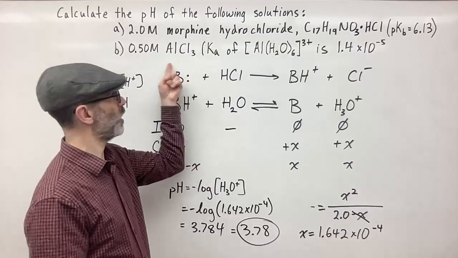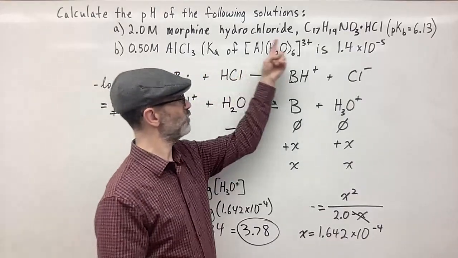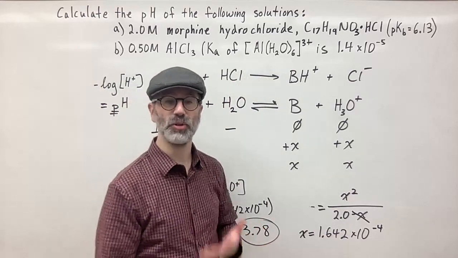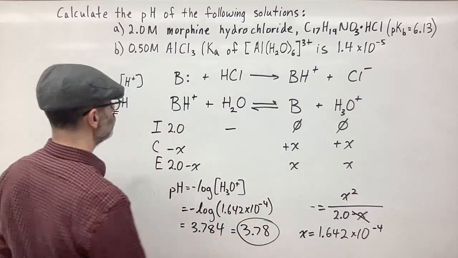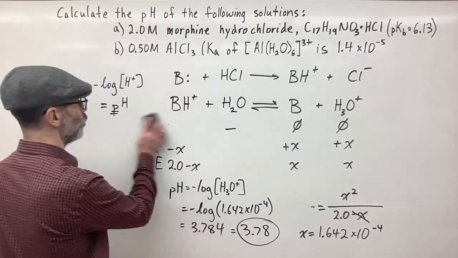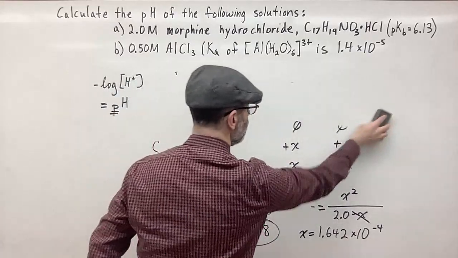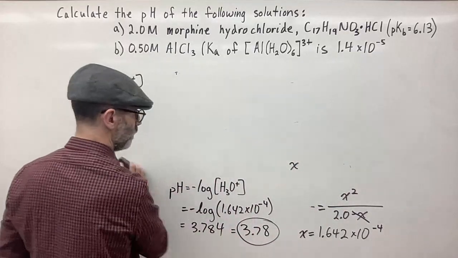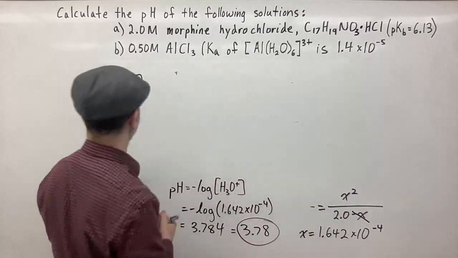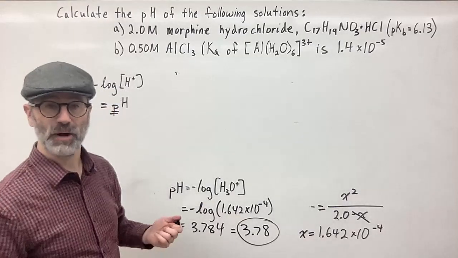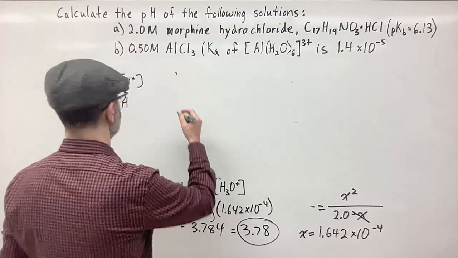So aluminum chloride, when you put it in water, is actually going to form the complex ion here, which is a weak acid. So this is a weak acid problem. Then we can set up our equation in a generic way. Instead of using this formula, we could just use HA to represent a weak acid generically.